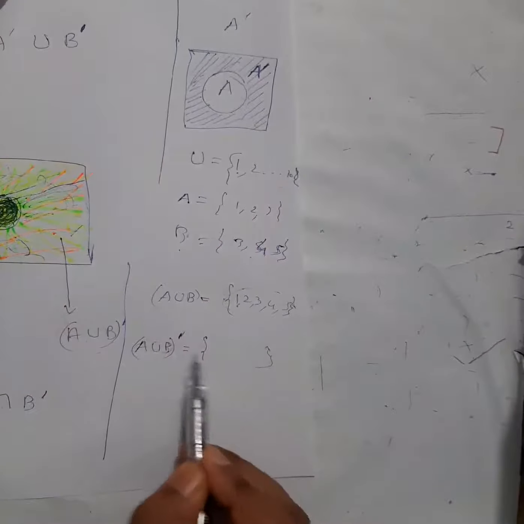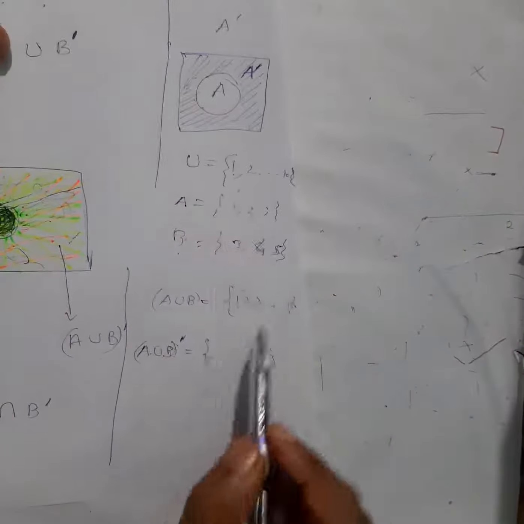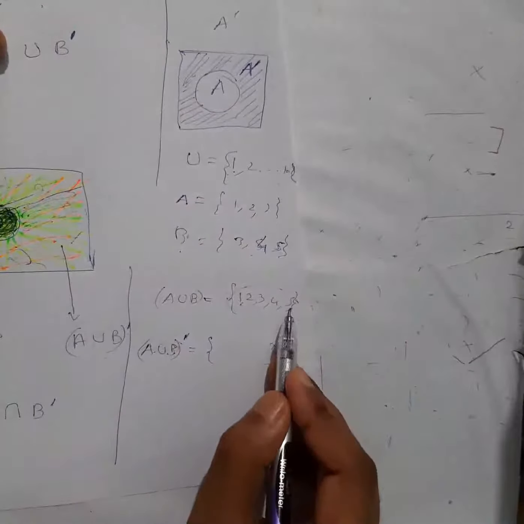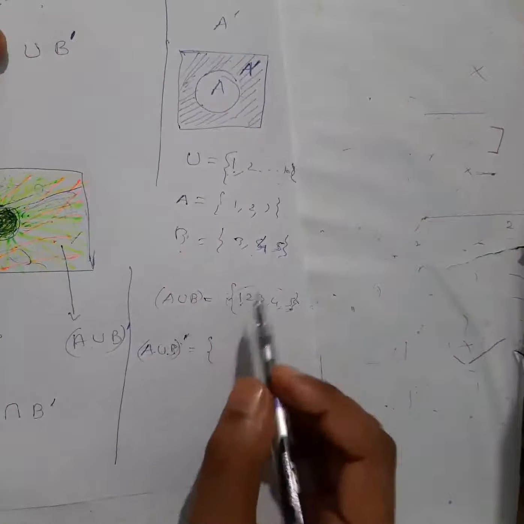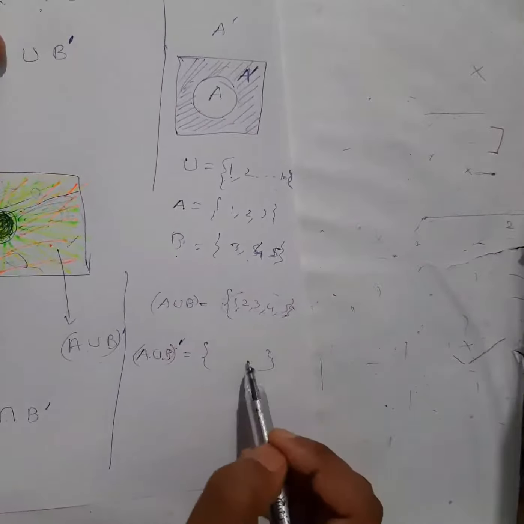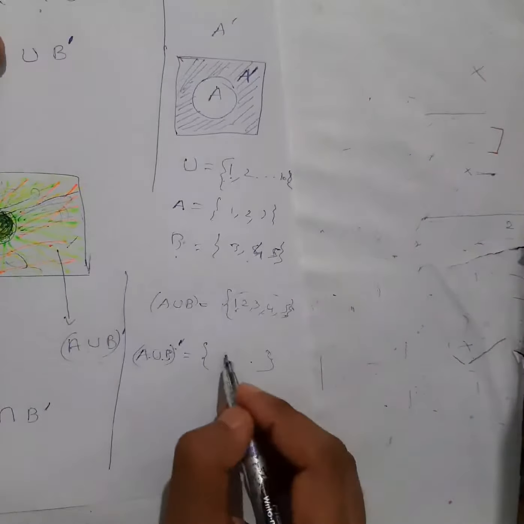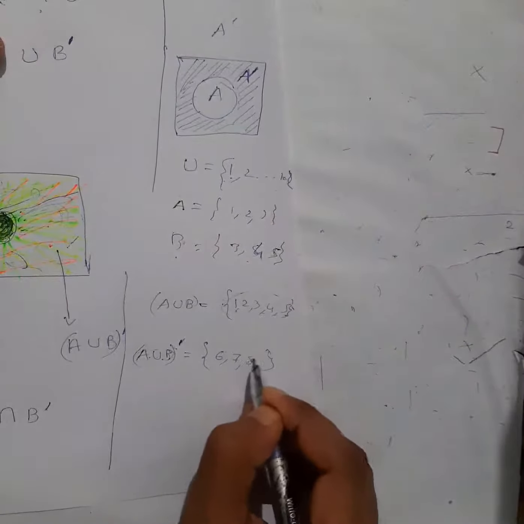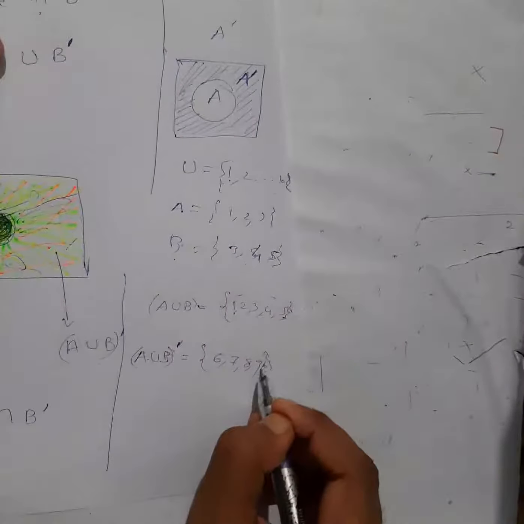What I will take is other than A union B elements in the universal set. 1, 2, 3, 4, 5 is there in this set, right? So I cannot take 1, 2, 3, 4, 5 here. Other than 1, 2, 3, 4, 5, whatever is there in the universal set, I will take that: 6, 7, 8, 9, 10. Right? These are the elements of A union B complement.